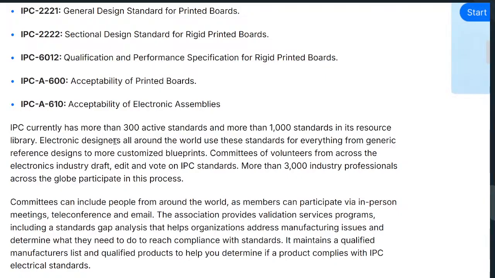Committees of volunteers from across the electronic industry draft, edit, and vote on IPC standards. It's like a huge community; one or two people cannot do this kind of huge specification. Many people across the globe, not just from one or two nations, many committees, communities, and volunteers, many highly experienced experts in the field of electronics, draft, edit, and vote on the IPC standard.